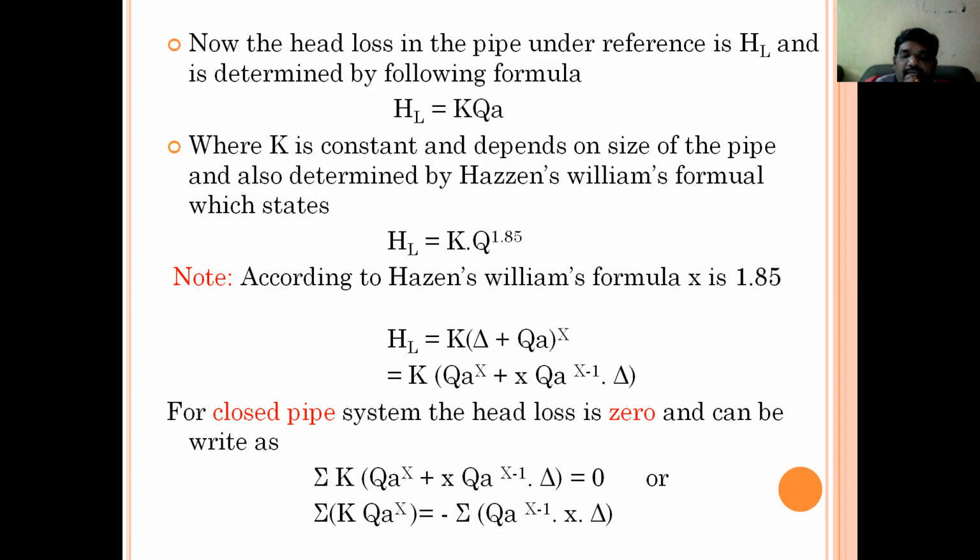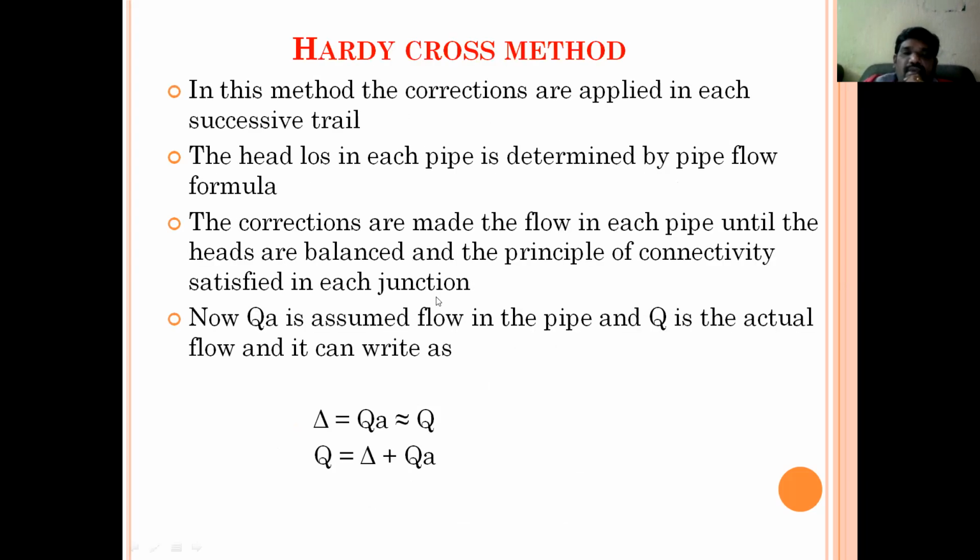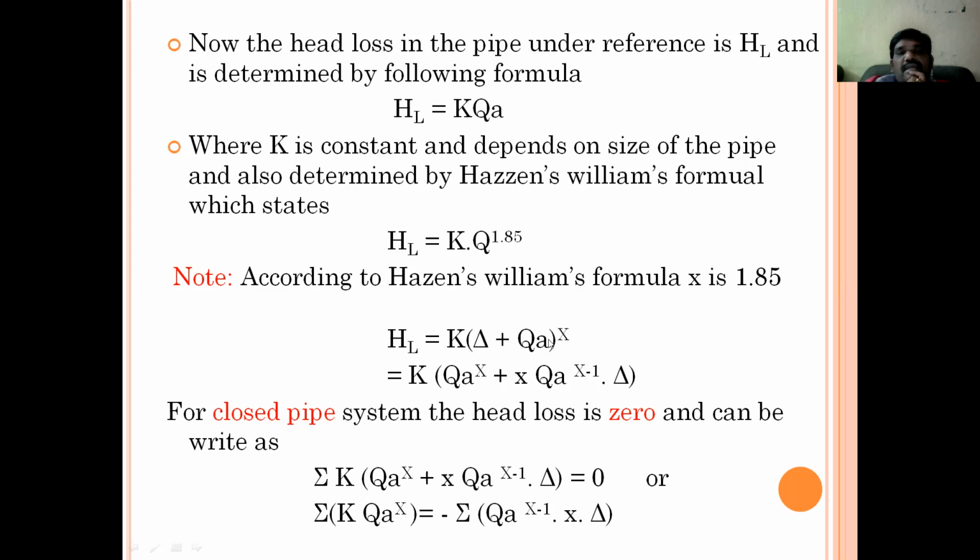Now you are clear up to here. Delta is approximately equal to Q minus Qa, and Q equals delta plus Qa, where Qa is the assumed flow and Q is the actual flow. The head loss in the pipe under reference is HL, determined by HL equal to K into Q power 1.85, where K is a constant depending on the size of the pipe. This 1.85 means x equal to 1.85.